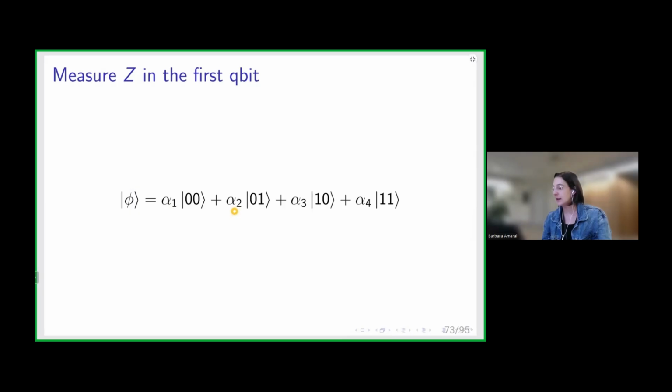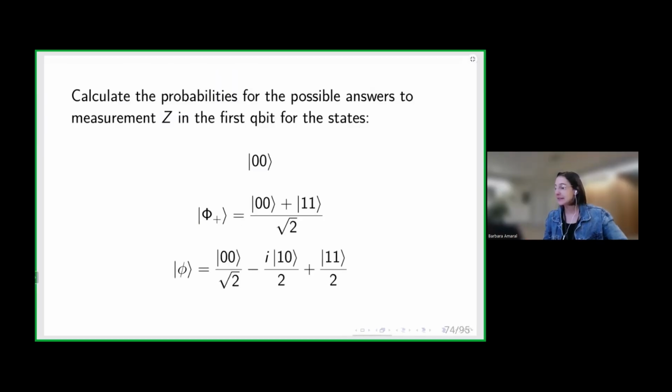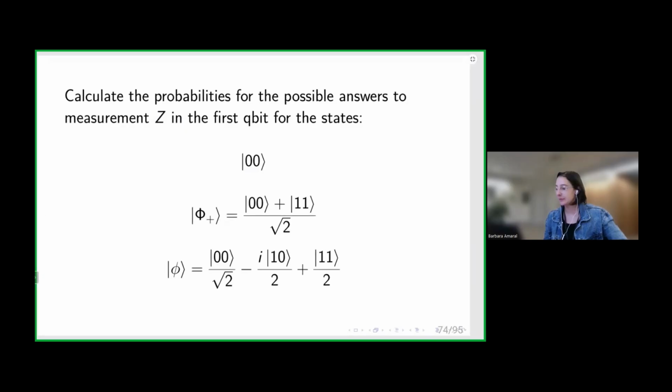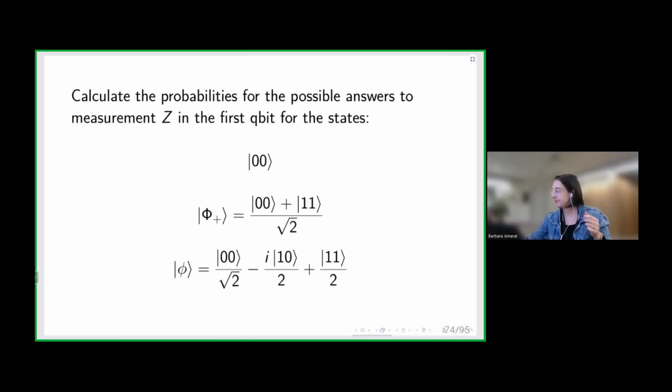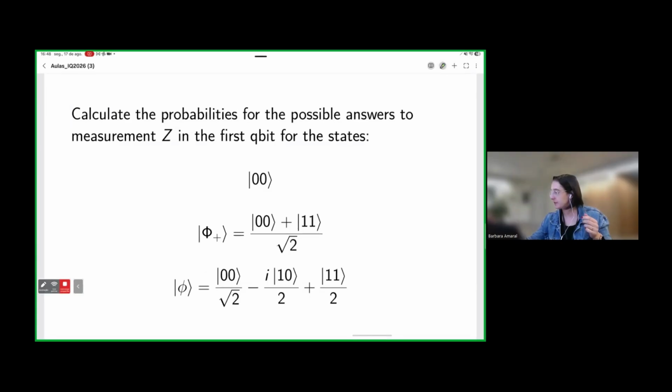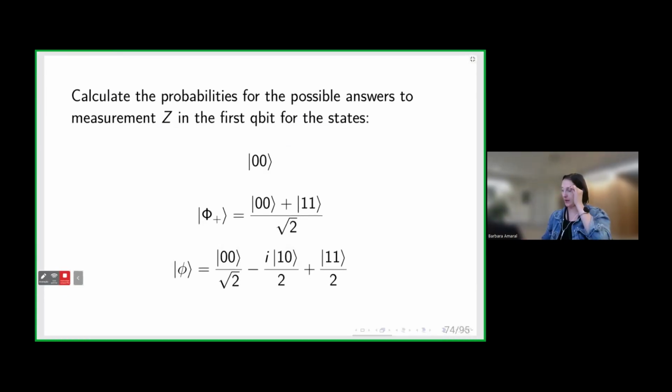Again, we can write it in the corresponding basis, remembering that this is not unique because now I have an eigenspace of dimension 2, so I can change the basis in that eigenspace as I wish. And again, I will leave this as homework for you. I will come back to this later.